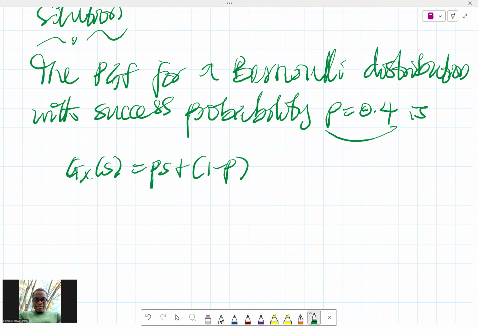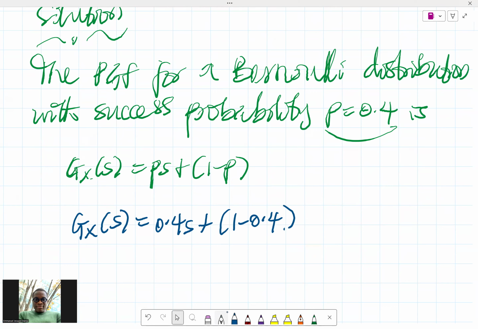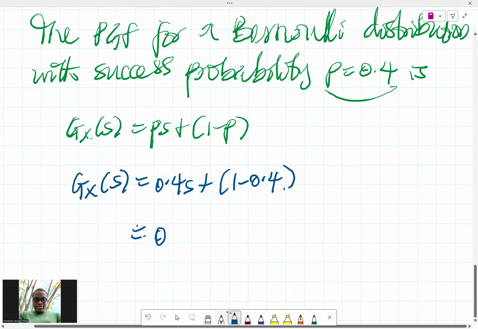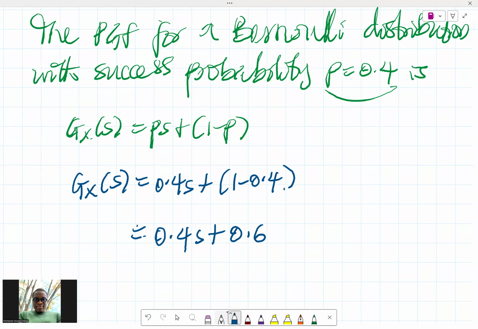G_X(s) is equal to 0.4s plus 1 minus 0.4, which is equal to 0.4s plus 0.6.